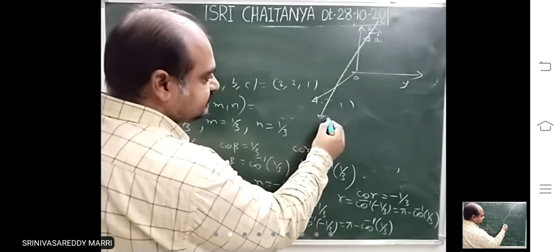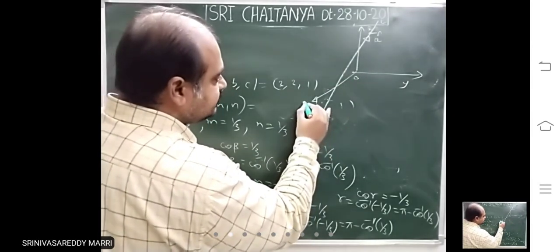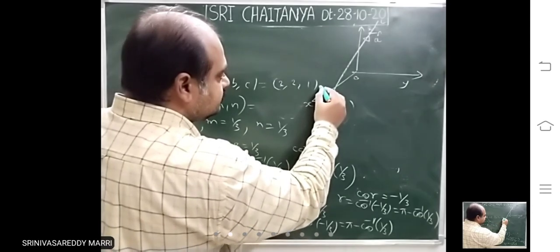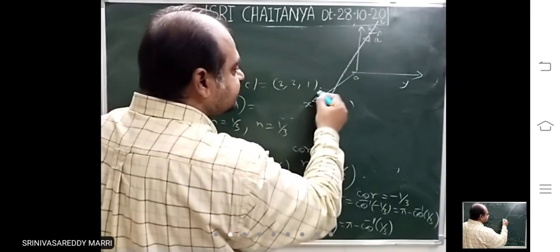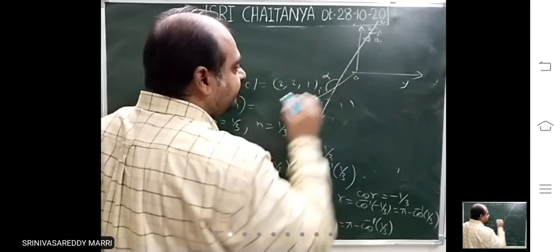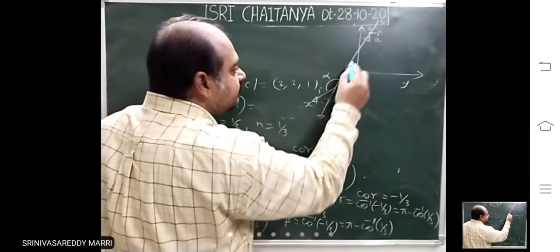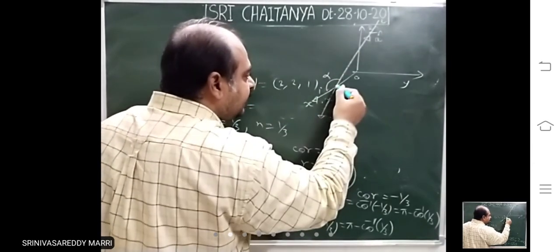With this direction I, with OX bar, this is I. Look at this direction and this direction. This is the angle alpha, the angle between A cap and I bar.